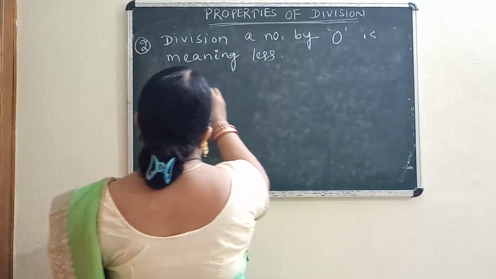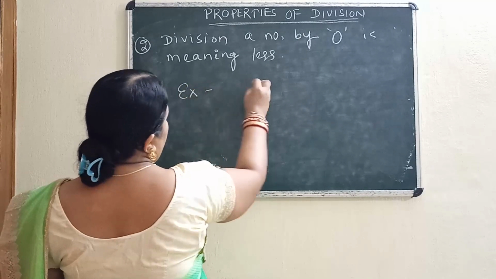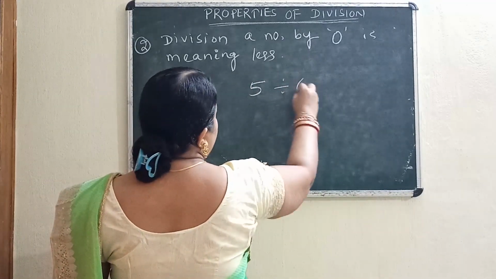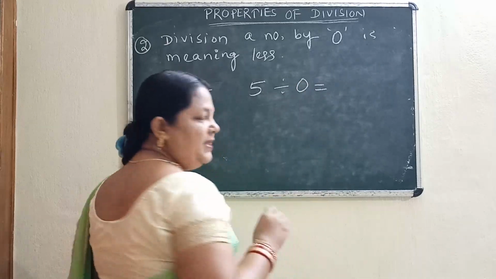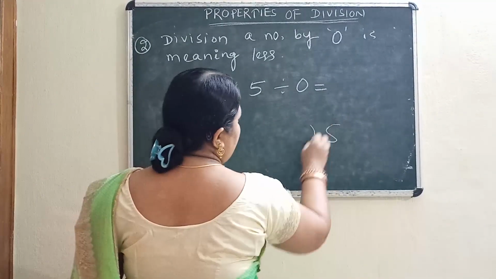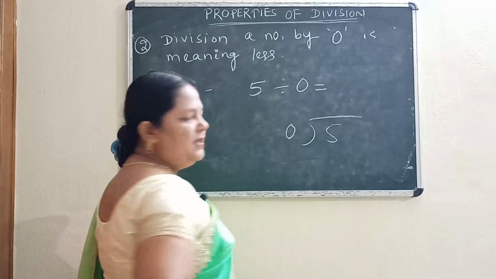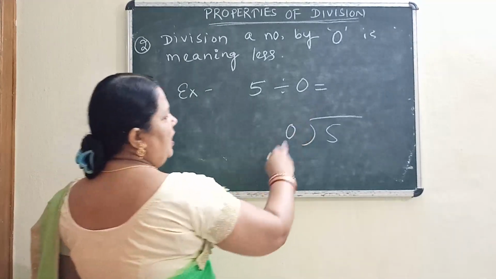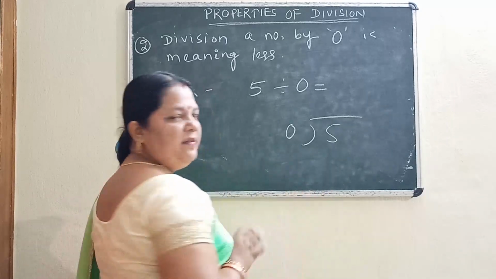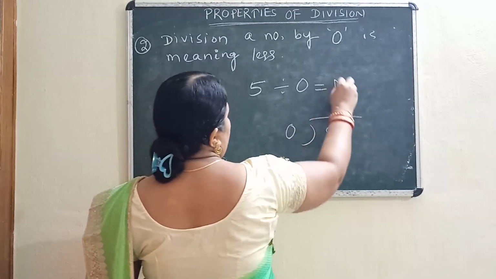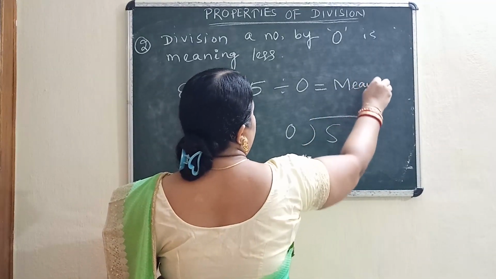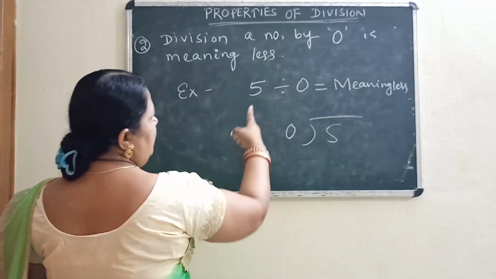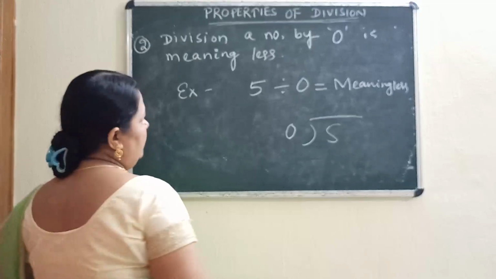For example, if we take the number 5 and divide by 0, 5 is the dividend and we are dividing by 0. 0 means it already has no value. If we try to count this, we cannot divide. So it is meaningless. We cannot divide any number by 0.